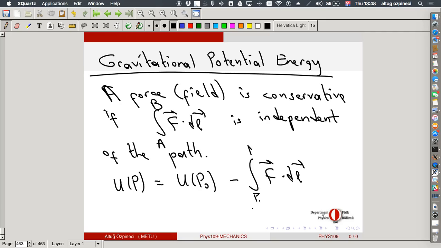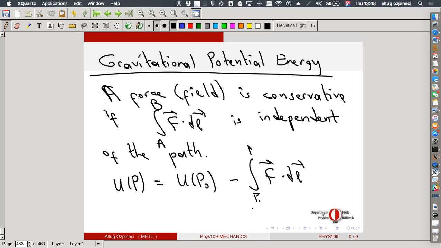Now, another point of confusion is, why do we have this minus sign over there? In the definition of the potential energy, we always define the potential energy with this minus sign. Why is that minus? Yeah, this one is equal to minus the work that we have done.